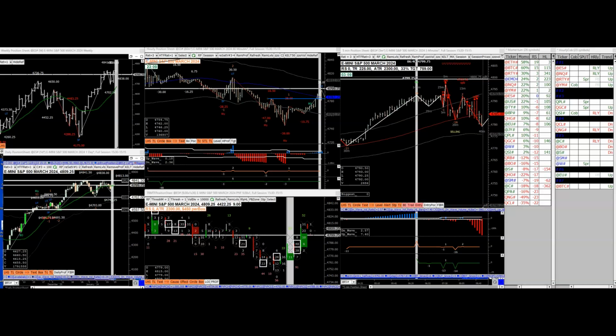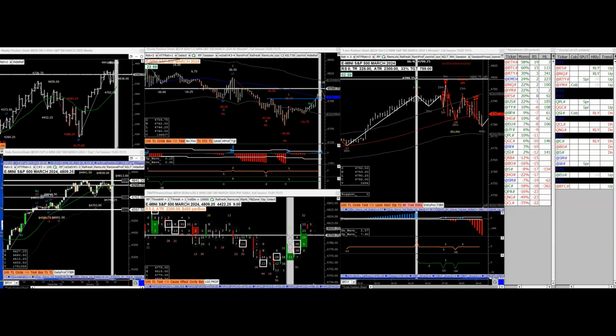All right? So now you have the elements for a trade. I think I covered everything. You have the higher time frame factors, which are what? Level and trend. Trend and level.